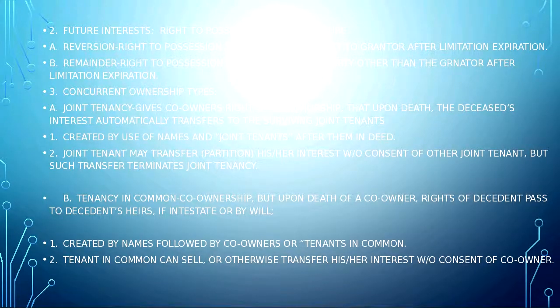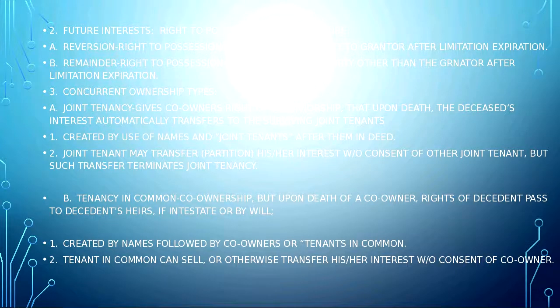Even though the deceased joint tenant has left their interest to another party, that doesn't operate legally, because the legal status of joint tenancy gives the surviving tenant the right to take all of the property upon the death of a joint tenant.